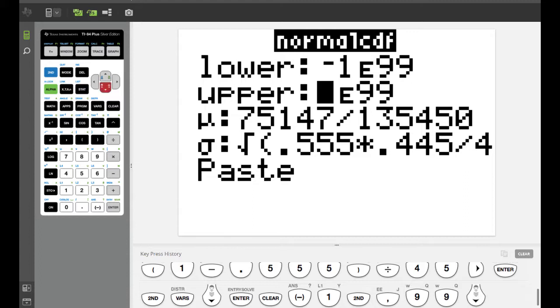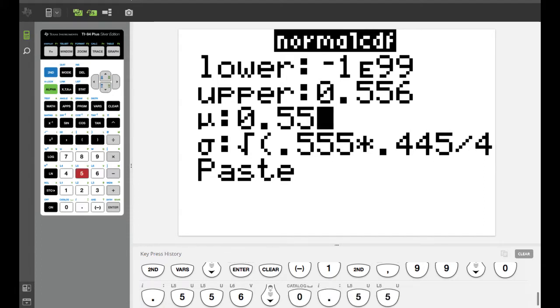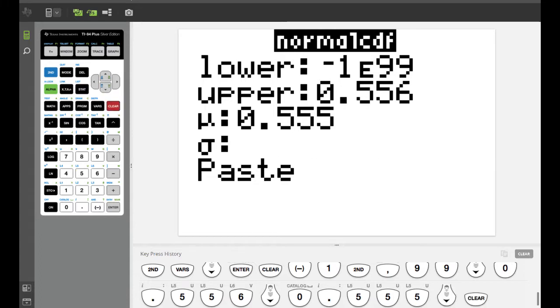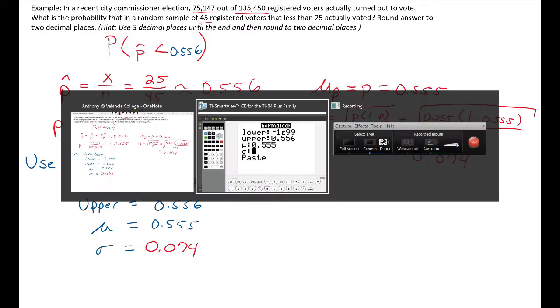Our upper bound, if you recall, was 0.556. The mean was the population proportion, which we said was 0.555. And lastly, the standard deviation that we're going to use is the standard error, and that was, let me double check, 0.074.